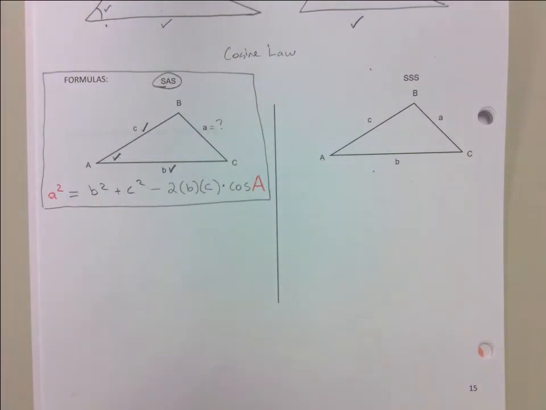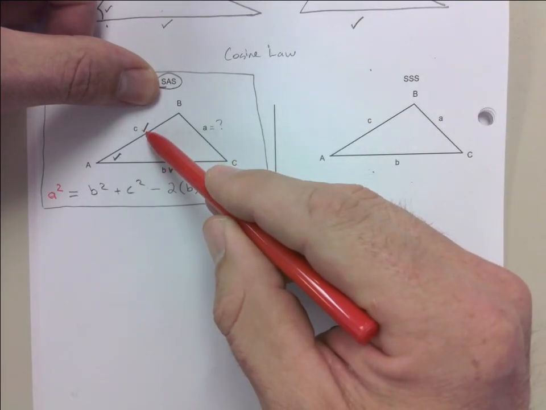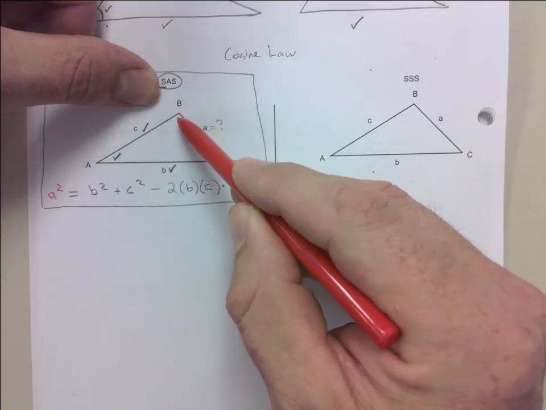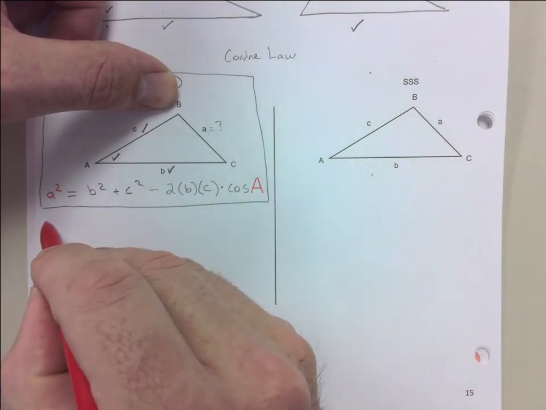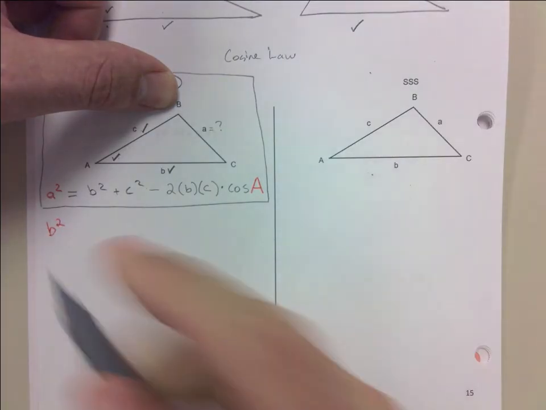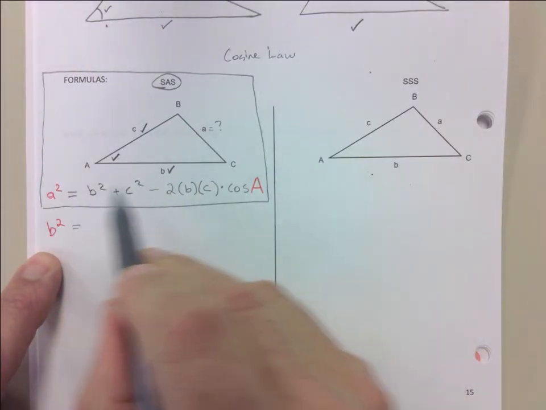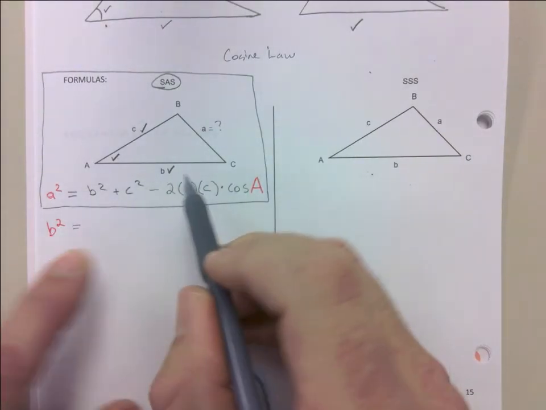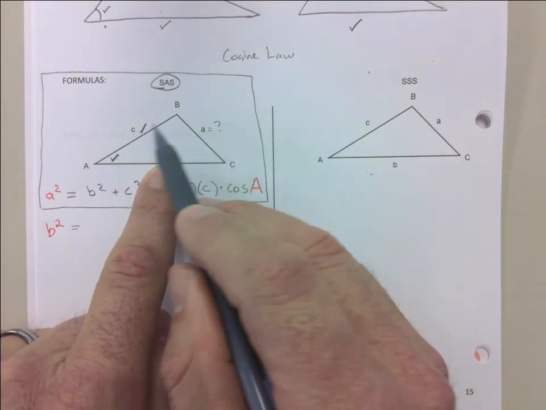Like, let's say, for example, I would like to know, we know this side, and the angle in between there. We know angle B. How would this start? This would start as follows. B squared is equal to, so remember, if the side that you want to find out, you cover it up, and what are you left with? A and C, correct?